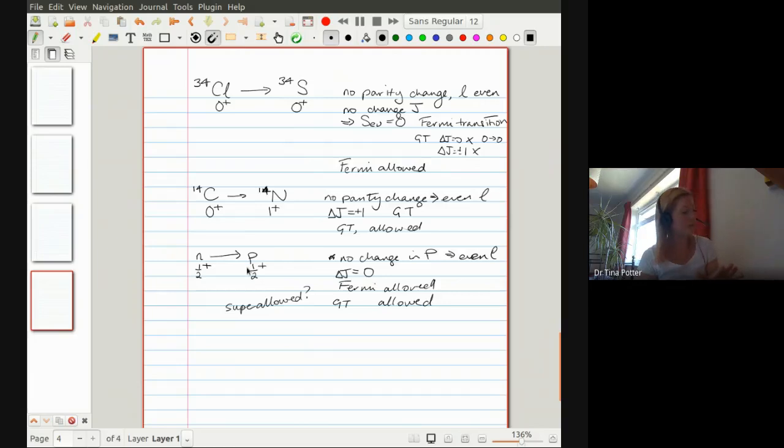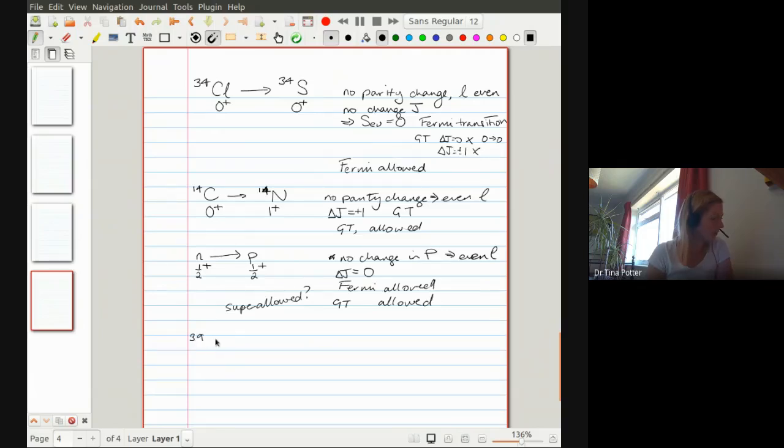We're not told this, but if the neutron and the proton are in mirror nuclei and they're sitting in the same shell in the nuclear shell model, they'll have the same quantum numbers, and their wave functions will maximally overlap, and it will push your nuclear matrix element to higher values. So this could be a super allowed decay. So be careful when you're looking at some decays which can be from mirror nuclei. They can be super allowed.